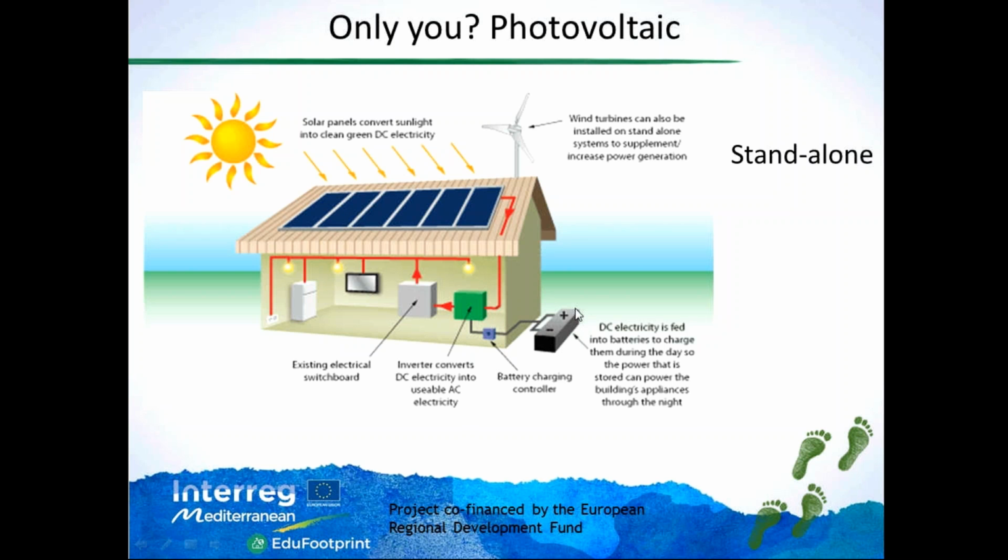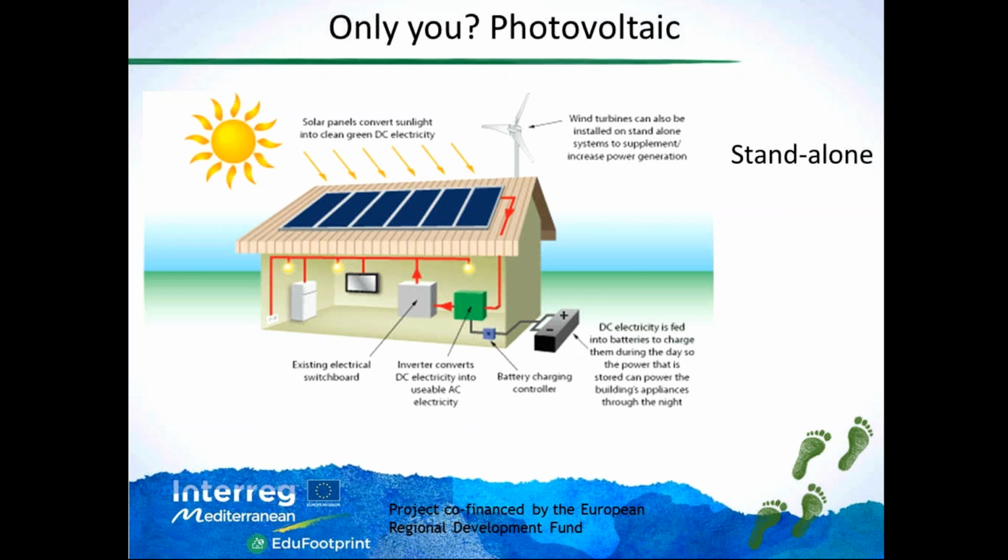Of course, this increases the cost of the system, also the reliability issues and the need for maintenance. But let's say that standalone systems are not very common in the European countries, and they are usually used for some remote applications, like for instance electrification of mountain huts and so on.